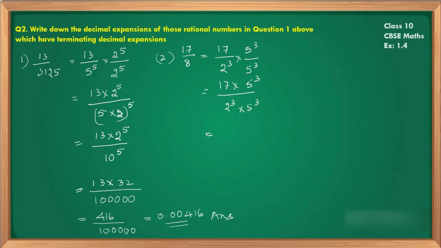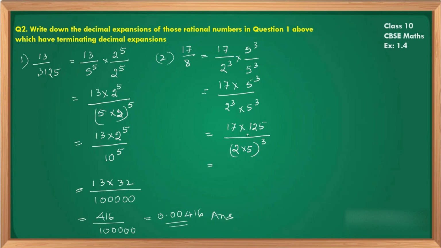Now the next step is 17 into 5 cube, which gives you 125 times 17, that is 2125. In the denominator, you can club both 2 cube and 5 cube this way, 2 into 5, and then put the power on the top.